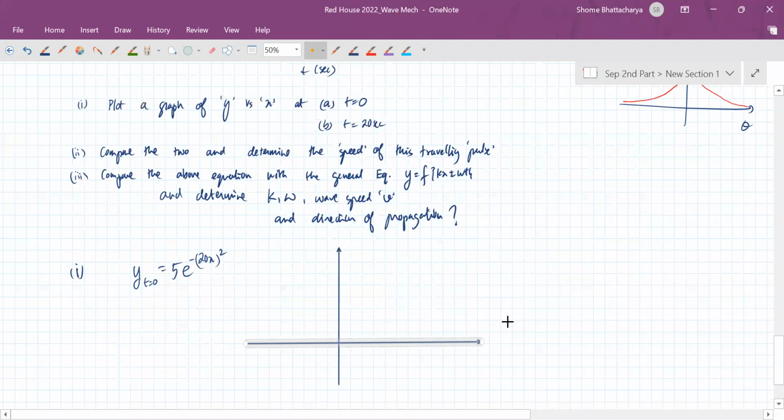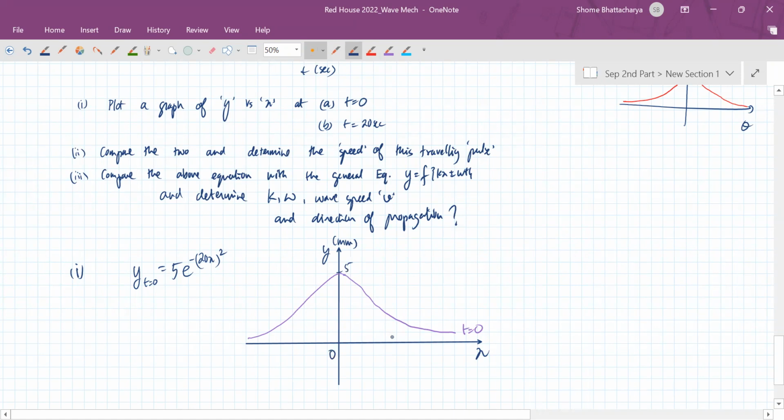So it's got the peak of 5 millimeters at x equal to 0. Like this. So it's peaked at 5 millimeters.